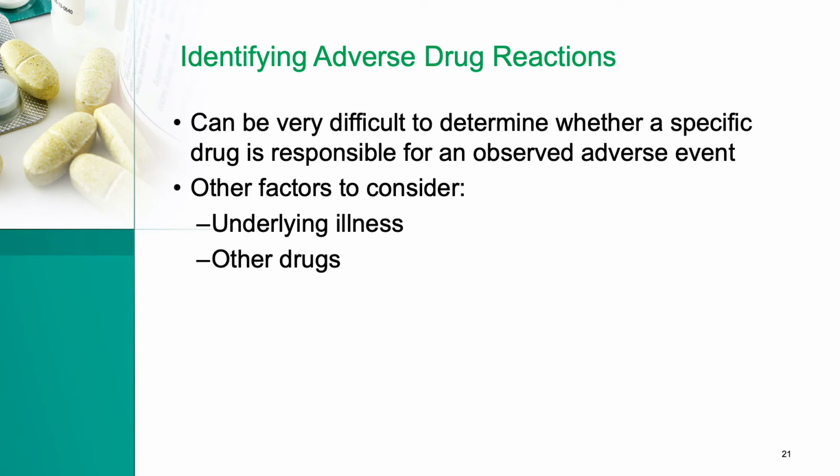However, the temporal relationship of a reaction with regard to the administration of a new medication can be helpful. Also, biological plausibility, asking if the drug's mechanism of action makes this possible or likely, can also be helpful. The bottom line is, even when in doubt about whether a drug caused the reaction, report it.